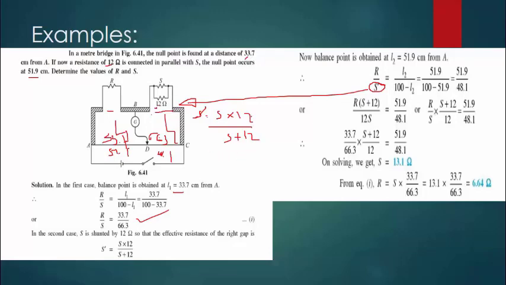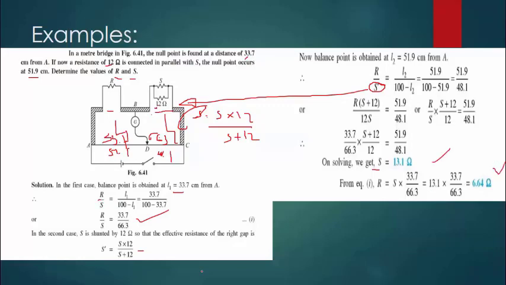So finally the question wants us to find the value of R and S, and we can get it from there. Badala ya S dash tunaweza tukaintroduce hii hapa, tunapata kitu kama hiki. So finally we can solve for our S and we can solve for our value of a known resistor R as we have got there.